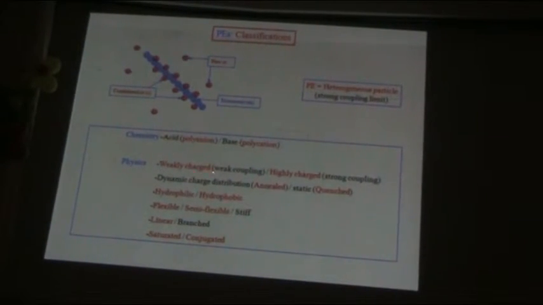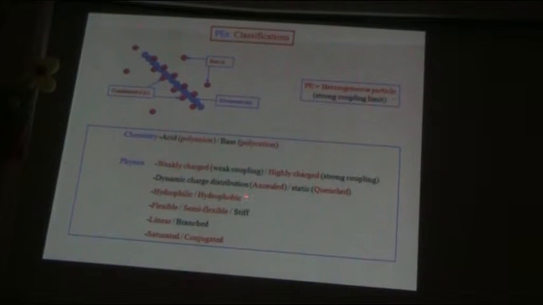We will see what that means. Also hydrophilic with respect to hydrophobic, flexible with respect to semi-flexible, linear with respect to branched architecture, and saturated with respect to conjugated. Normally, all the red color corresponds to what I would like to present to you.